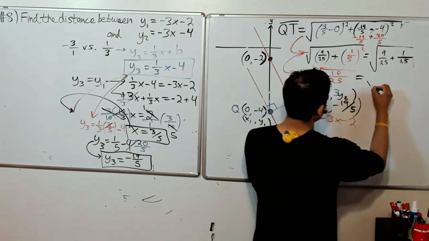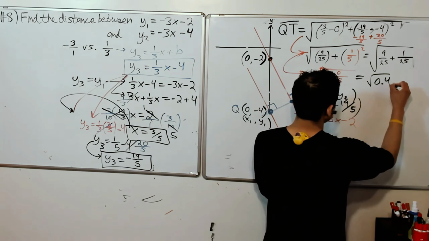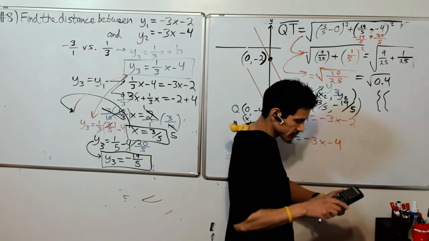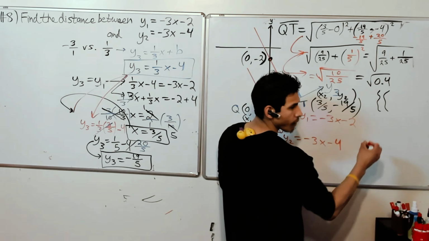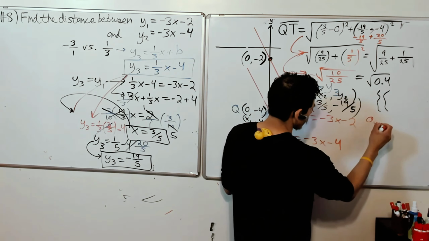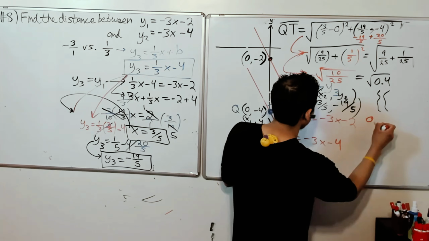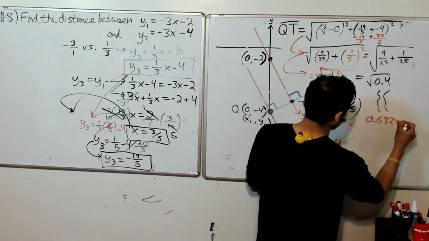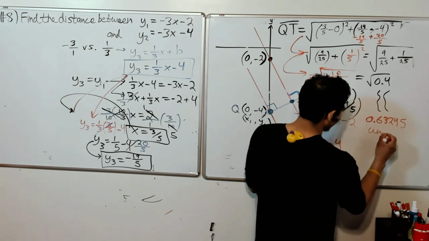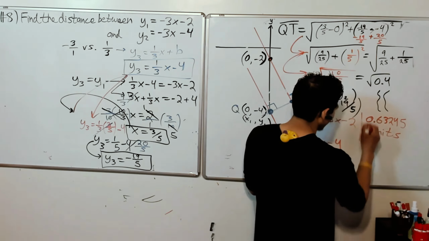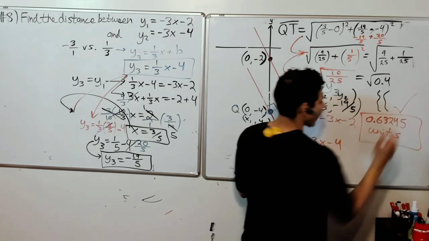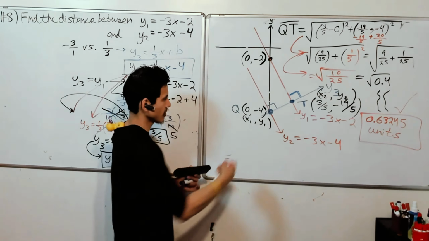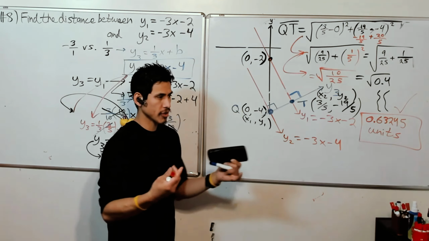So we have the square root of 0.4, which is going to be approximately 0.63245 units. And that makes sense because they're going to be really close together. And yeah, well, there you go.